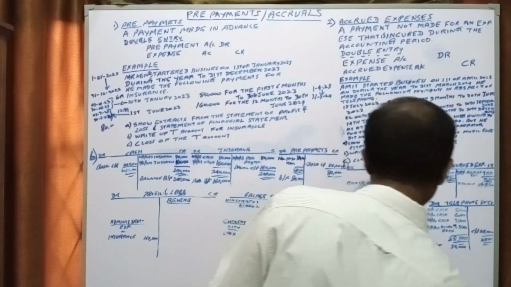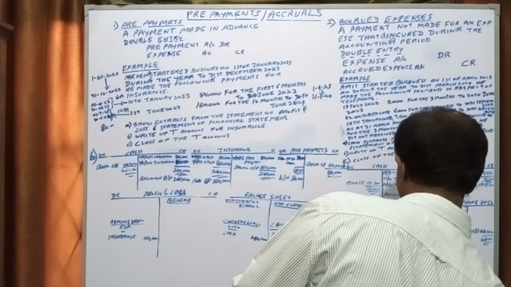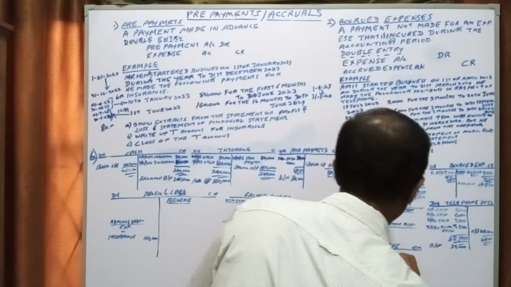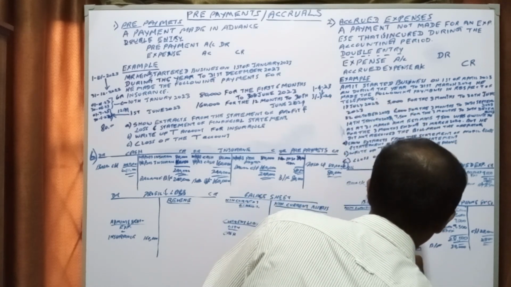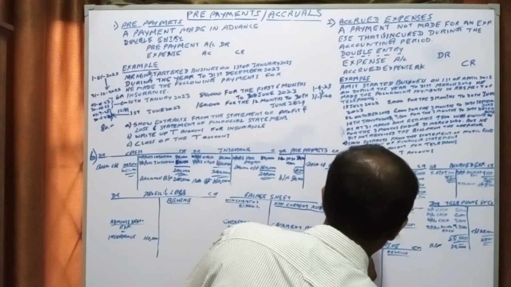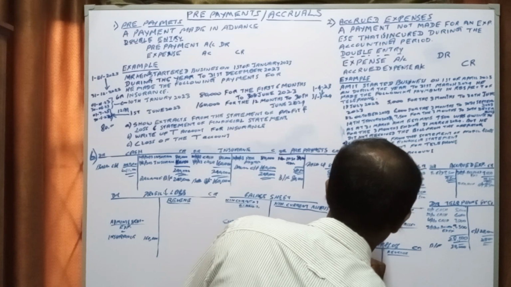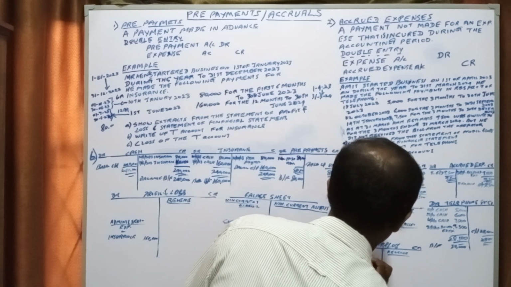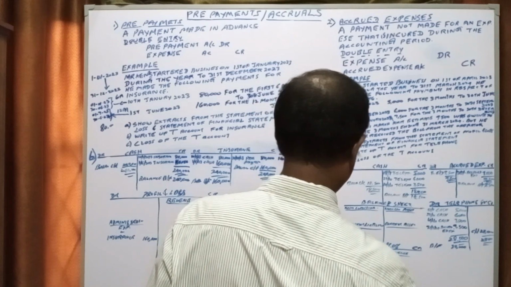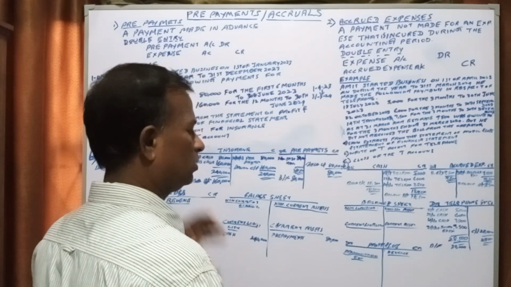Debit, credit, profit and loss. Right, here revenue, and under the administration expense, yes.